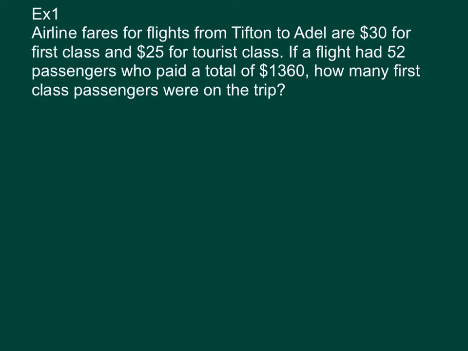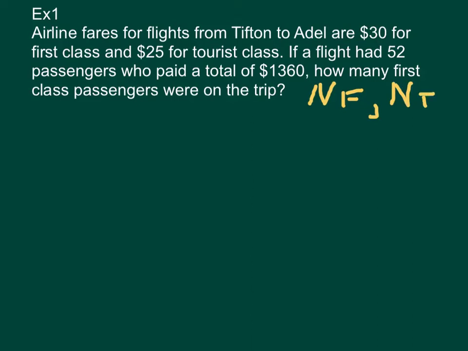Now before we start out, let's think about how we're going to designate our letters or variables for the different classes of people here. So what I'm going to do first, I'm going to let NF represent the number of first class passengers, and then I'm going to let NT represent the number of tourist class passengers.